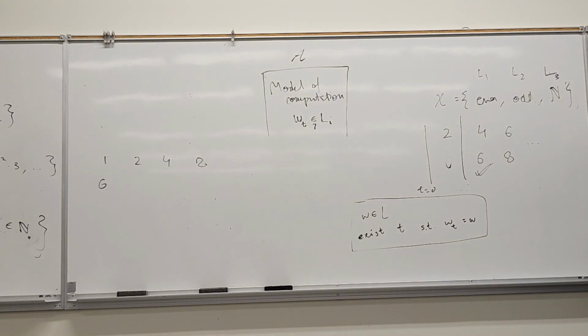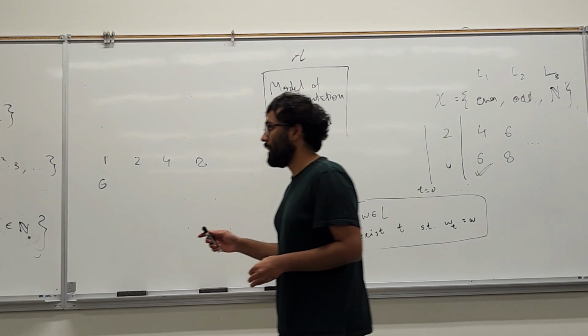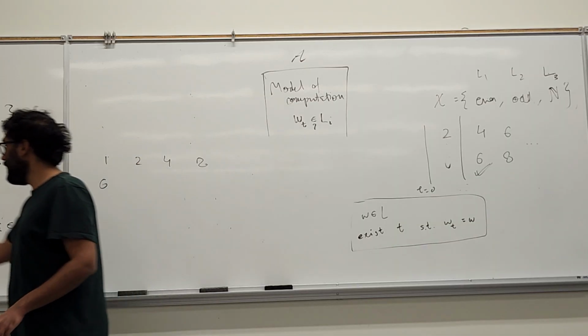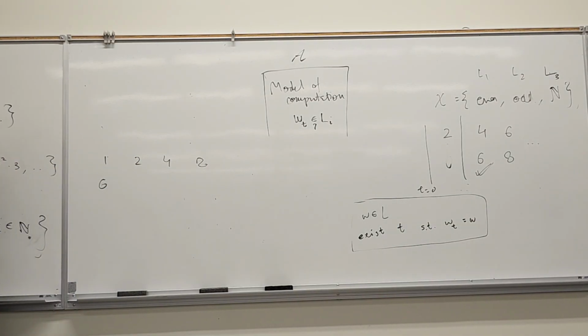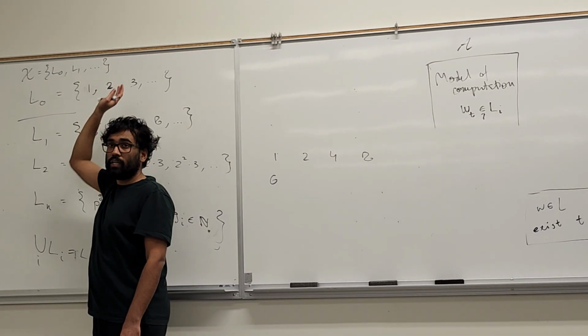Make sense? So I have a question. Let's say L is the union of finite numbers, right? Sorry, what? Is L finite? Oh yes, these are the countable set. So it's precisely this L0, L1, L2, L3.